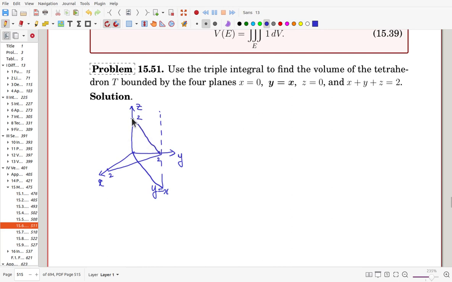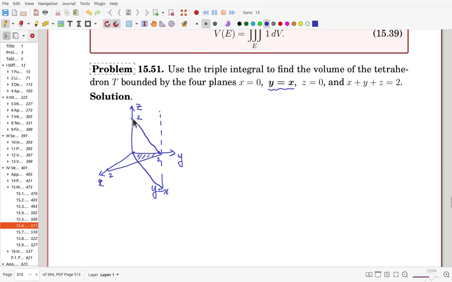If you connect these, then it's the whole tetrahedron. But rather than that, we have to take that side. The bottom is only this side, because in the side plane, the problem is saying y equal x, which is that plane, so that side.